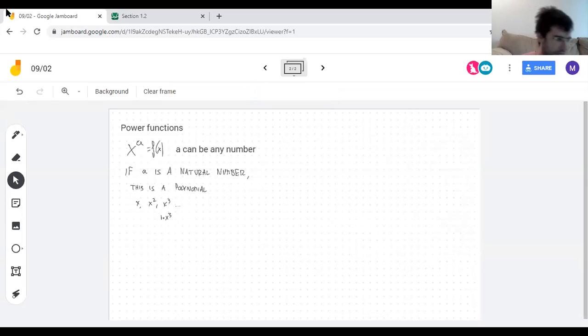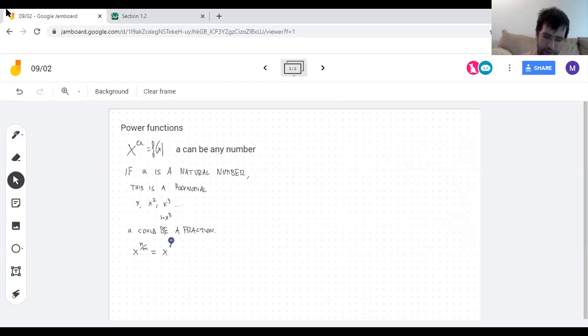The number could be a fraction. So there were these rules in your childhood telling you how to operate with powers.